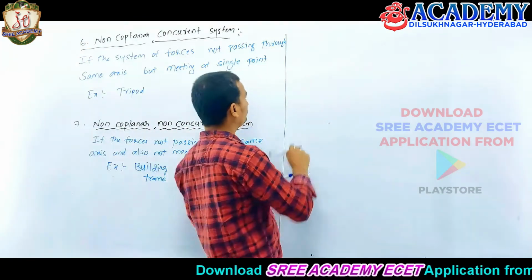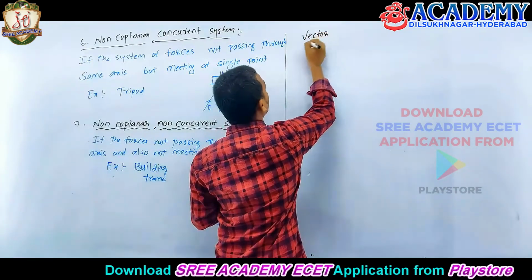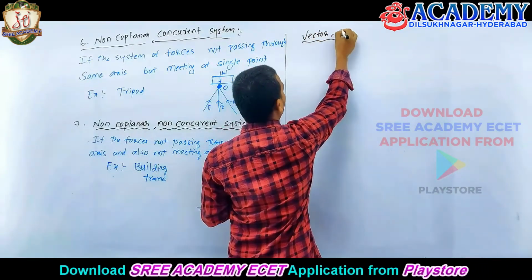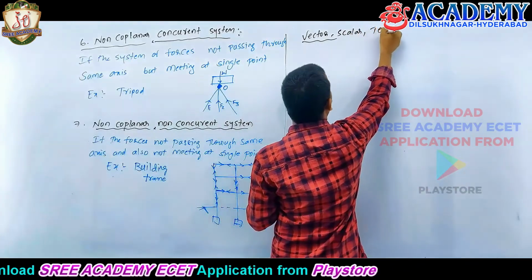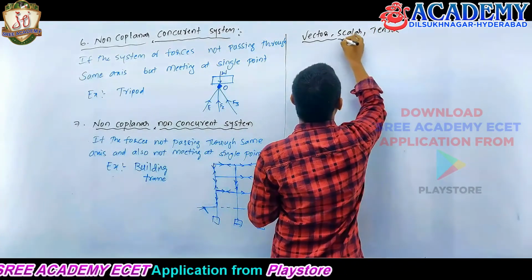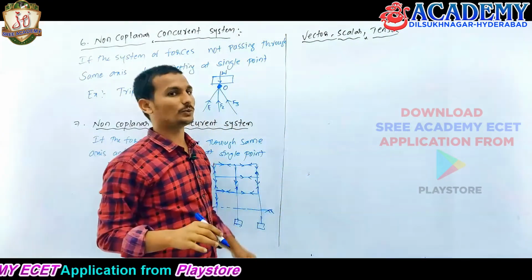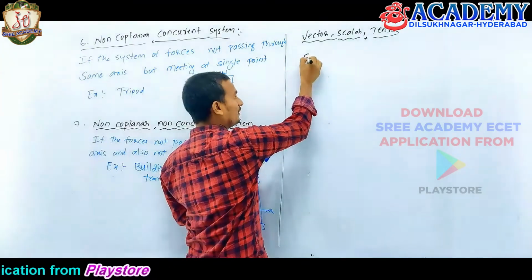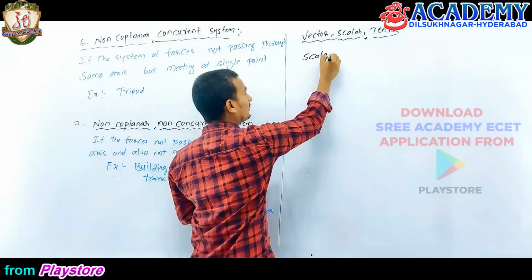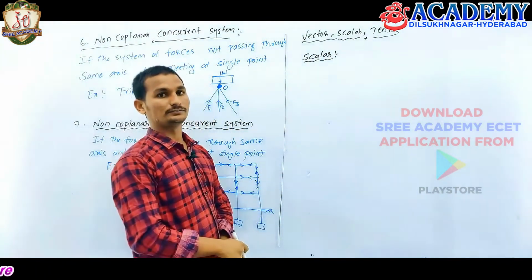The next one, vector, scalar and tensor. Already you studied what you mean by scalar quantity and what you mean by vector quantity, but you did not study tensor quantity, right?